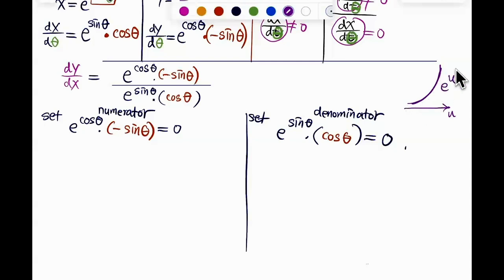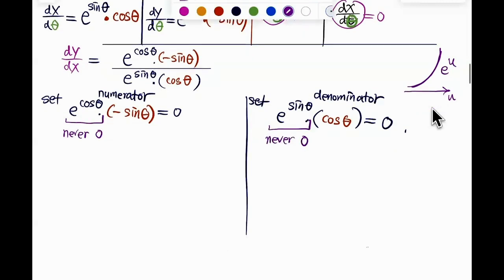It's always going to be positive. So this one here is never going to be 0. Same with this, never 0. So the only way you can get 0 over here is sin theta equals 0. Good observation.